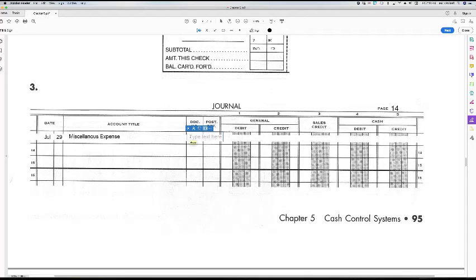Next, we are going to put in M44, or memorandum number 44, for our document number. Then, we are going to record a general debit amount of $2. And then we're going to record a cash credit for the same amount.